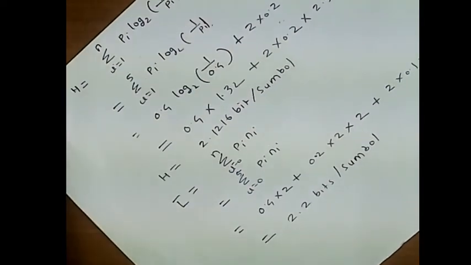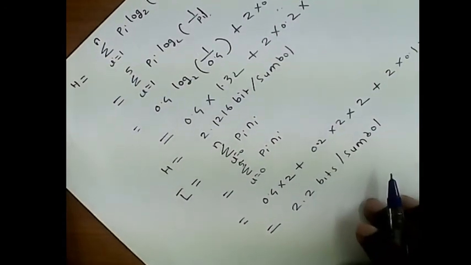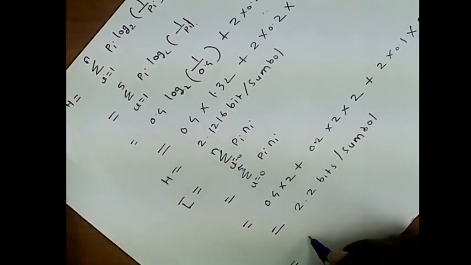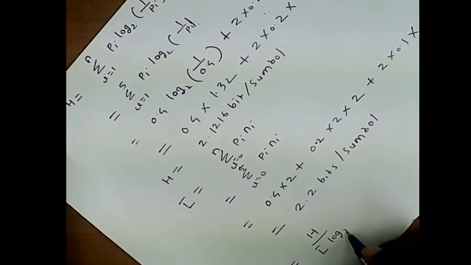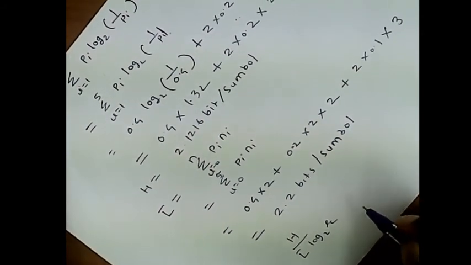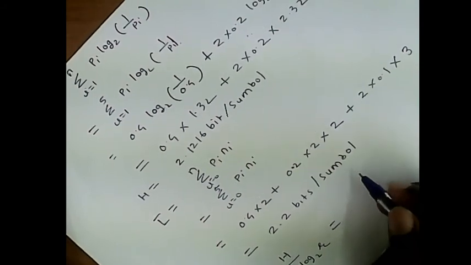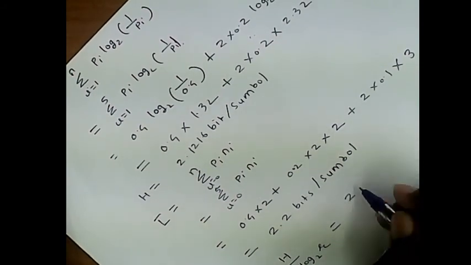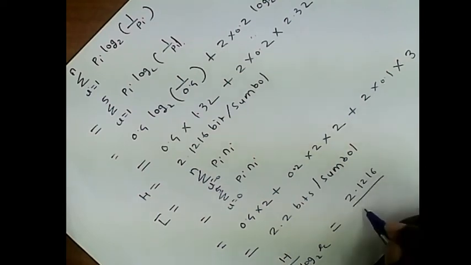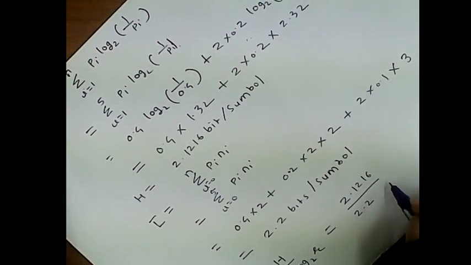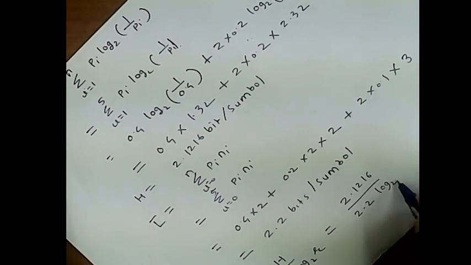Okay, now from this we calculate the efficiency. The formula of efficiency is H divided by L bar log to the base 2 of R, where the value of R is 2, and the average information is 2.1216 divided by the average code word length 2.2 log to the base 2.